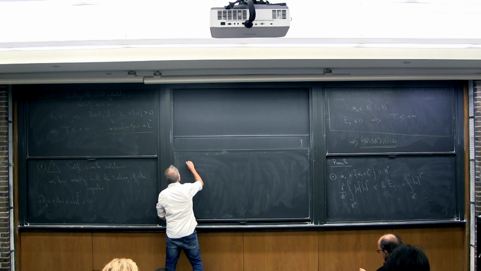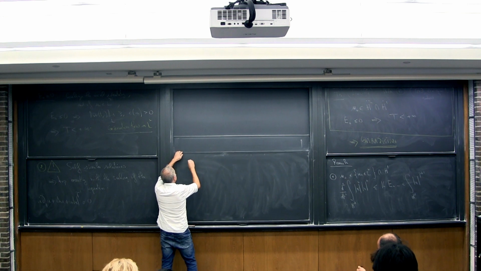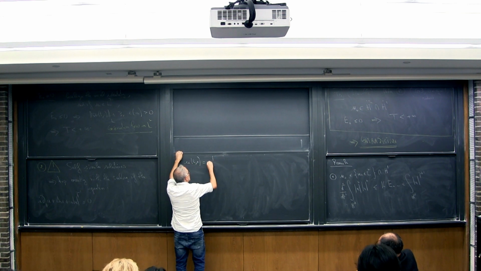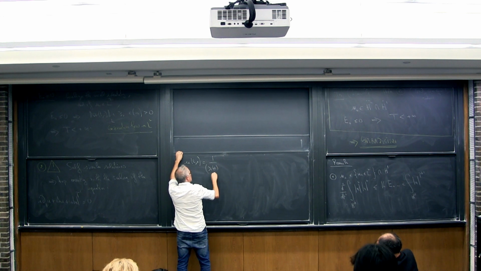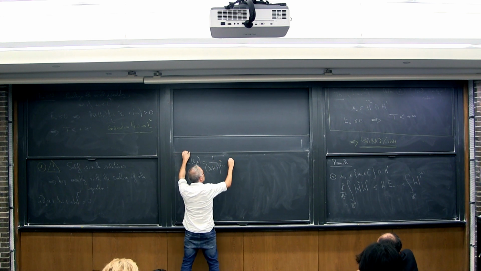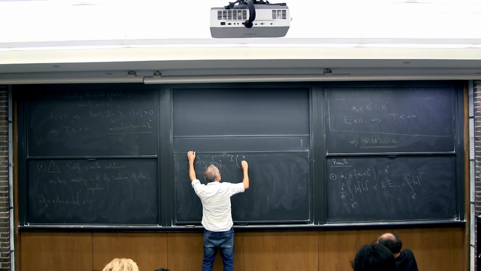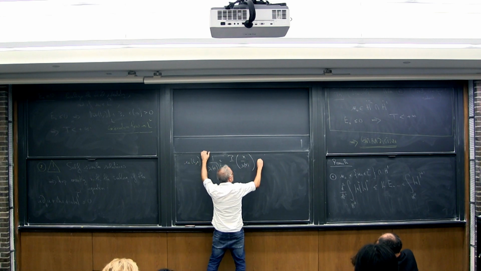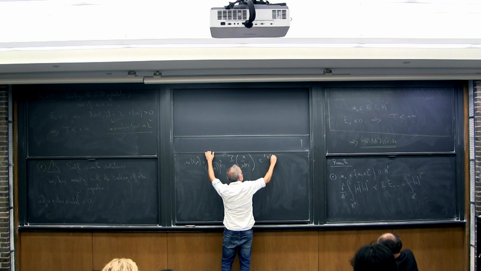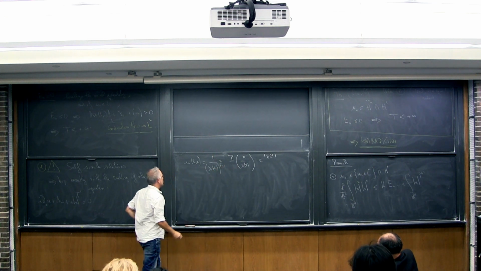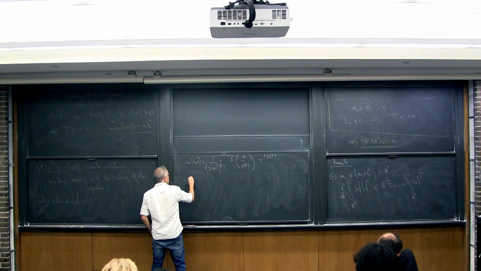I want to say that u(t,x) is exactly equal to 1 over λ(t) to the 2/(p-1), some profile which I'll call P(x/λ(t)). And maybe I allow for a phase here, because this is an NLS. And let's just take λ(t) to be exactly the square root law.